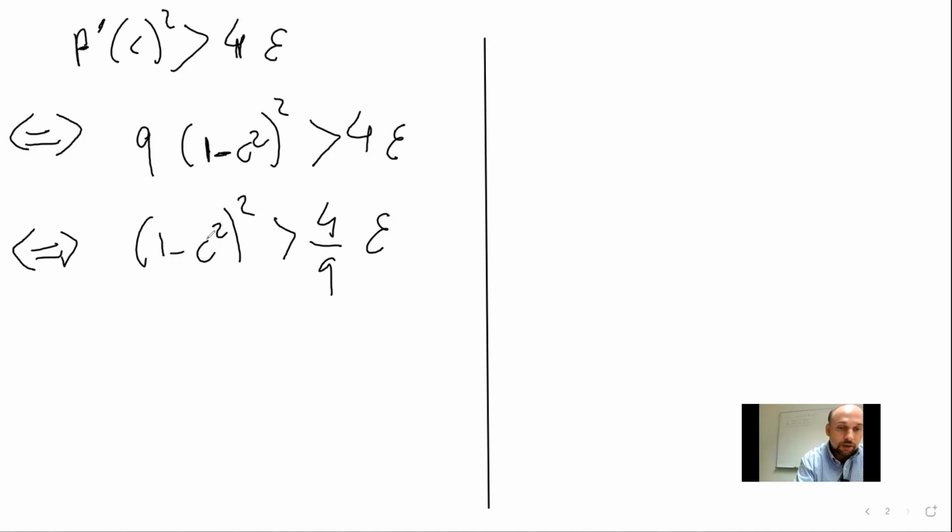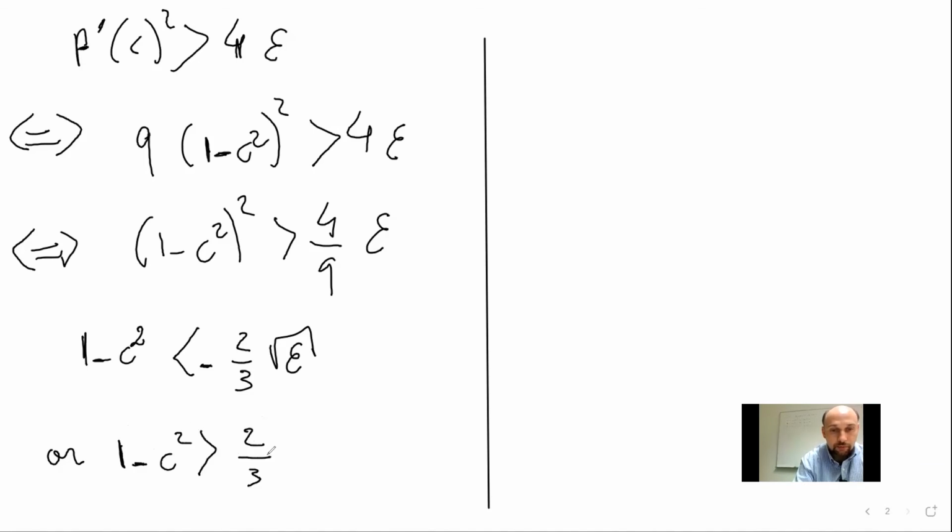So I will get either 1 minus c squared is less than -2/3, or 1 minus c squared greater than 2/3.